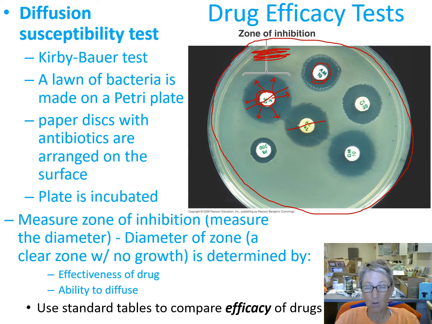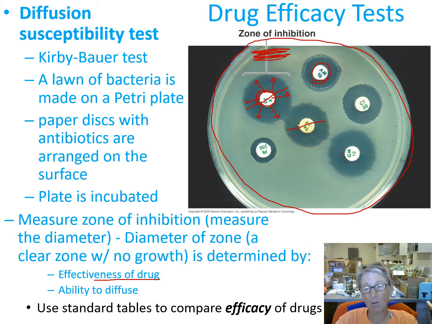And it's a clear zone, no growth of bacteria, because remember the drug has diffused out of the paper disc and killed all the bacteria. So this zone of inhibition is determined by the effectiveness of the drug, so how effective is that drug in killing that microbe, and the ability of the drug to diffuse out of the paper disc. So that gets a little tricky, but think about it.